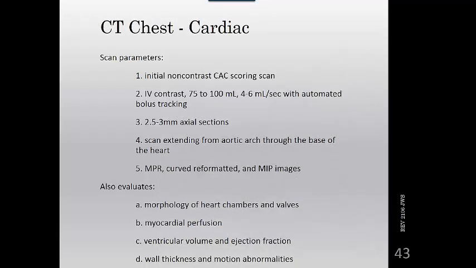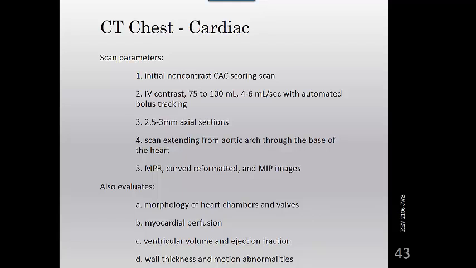So the scan parameters for cardiac CT include 2 scans. The first scan is an initial non-contrast coronary artery calcification scoring scan. It's also called a CAC scoring scan. We're going to discuss those in just a little bit.